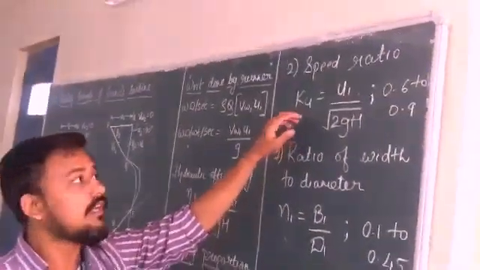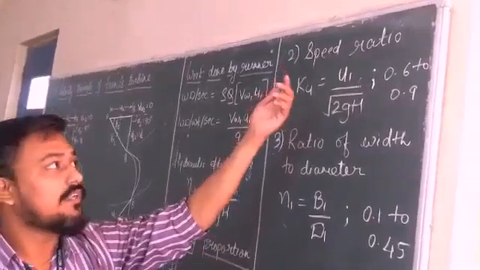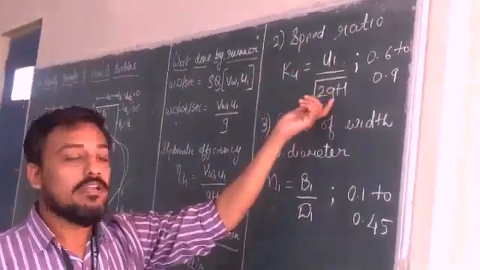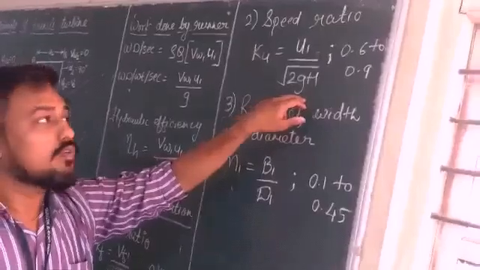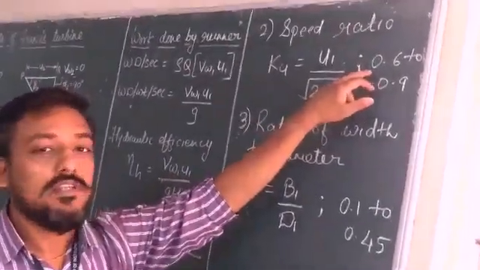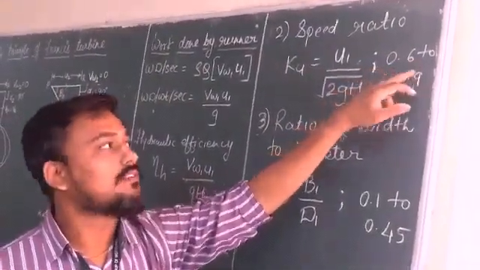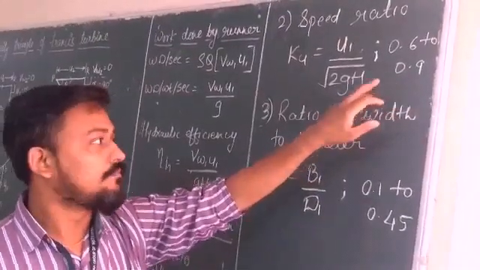Then the second is the speed ratio, that is the ratio of the tangential velocity to the theoretical velocity, U1 upon root 2gH. Its value varies between 0.6 and 0.9.